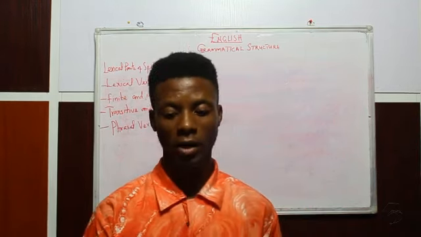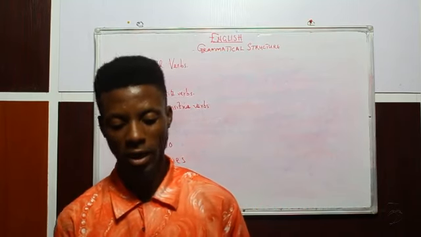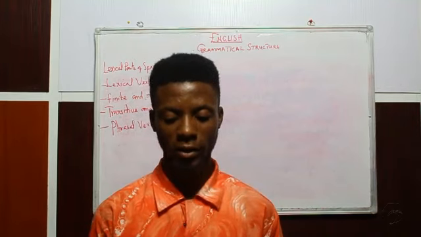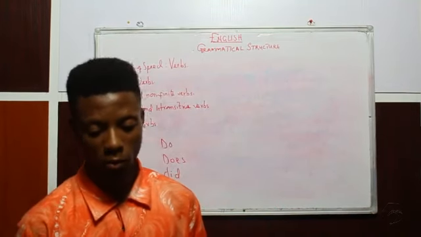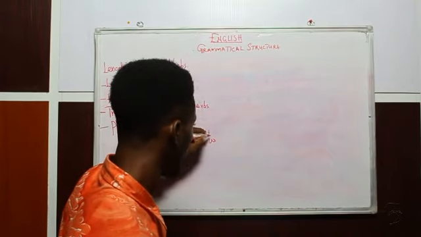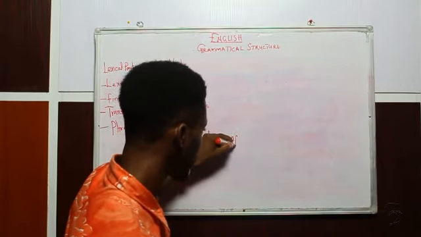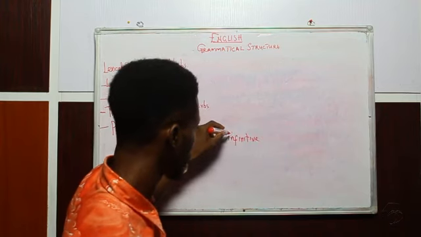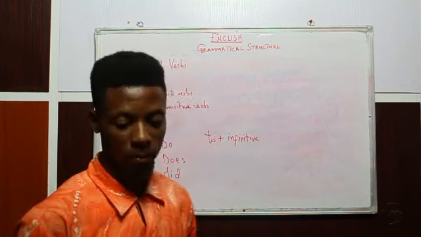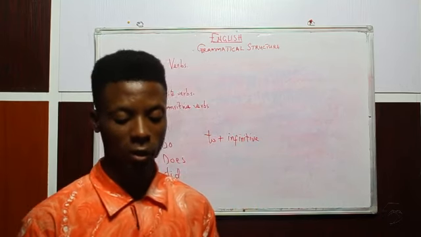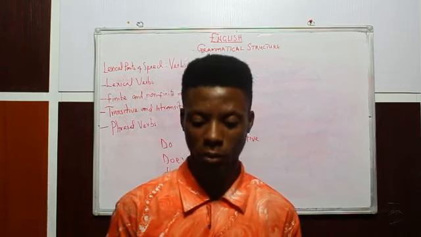Now let us take a look at the non-finite verb. A lexical verb in its ing continuous form, the ed participle, or the to plus infinitive is known as a non-finite verb and cannot be used alone.